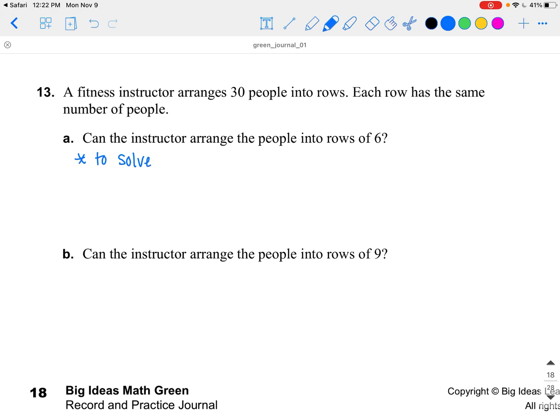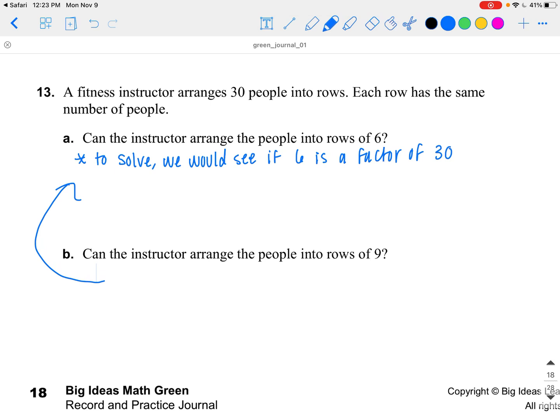To solve, we would see if 6 is a factor of 30. And same thing below. So same thing as here. To solve, we would see if 9 is a factor of 30.